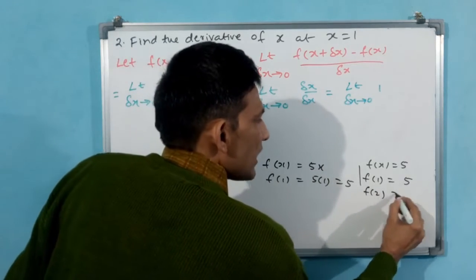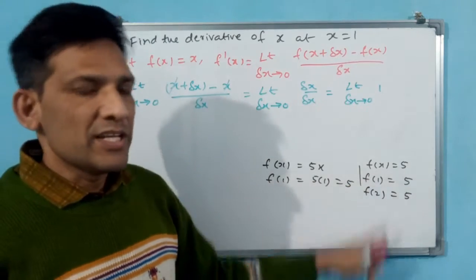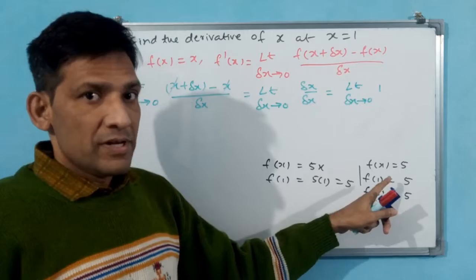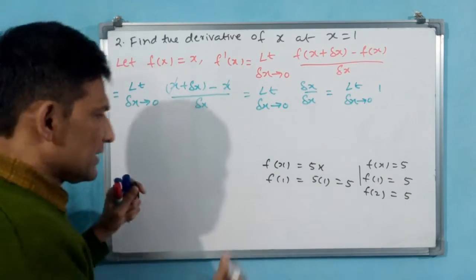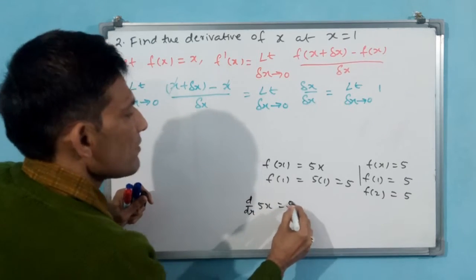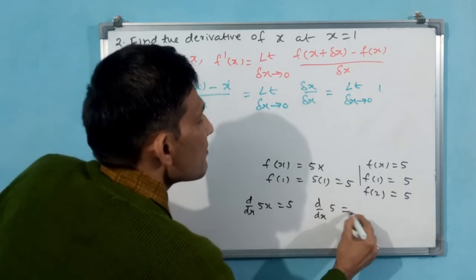Even f of 2 is also 5 only. Because it has become a constant function. There is no change in the function. But the function cannot become 0. Derivative of a constant function may become 0. This is the normal function. Derivative of 5x is equal to 5. Derivative of only 5 is equal to 0.